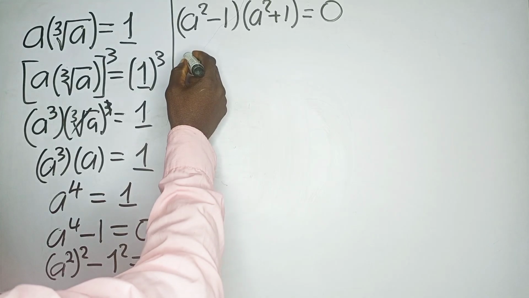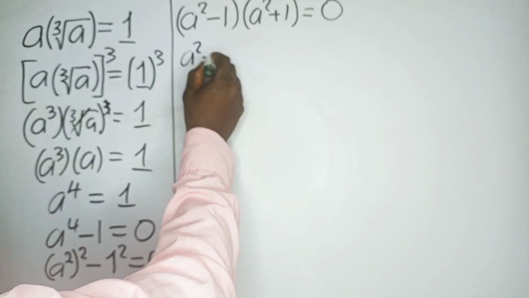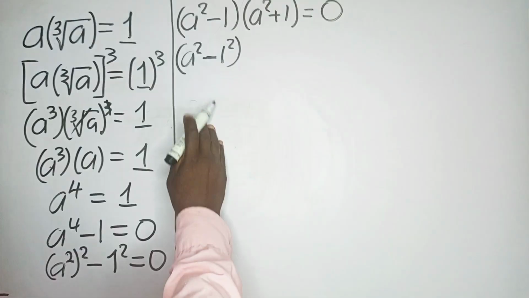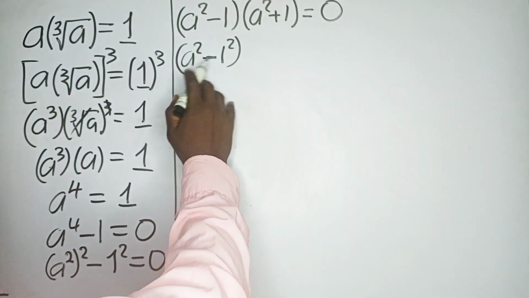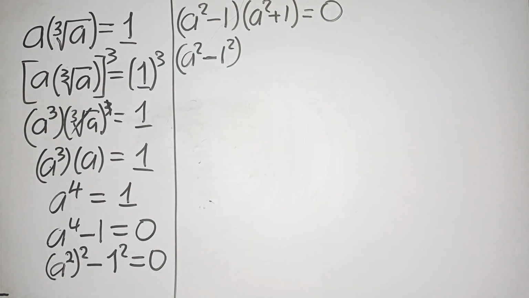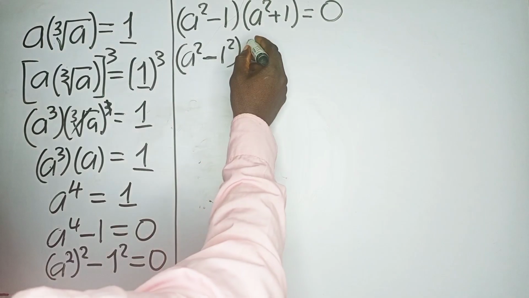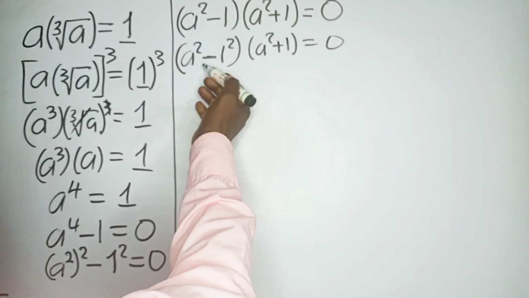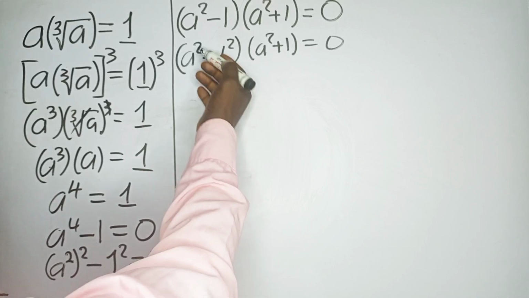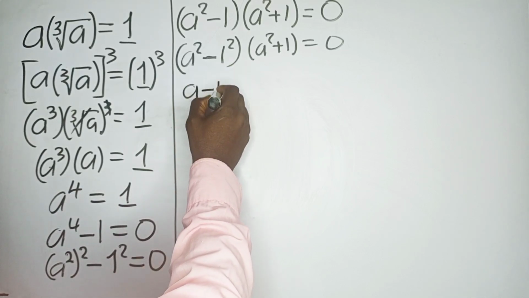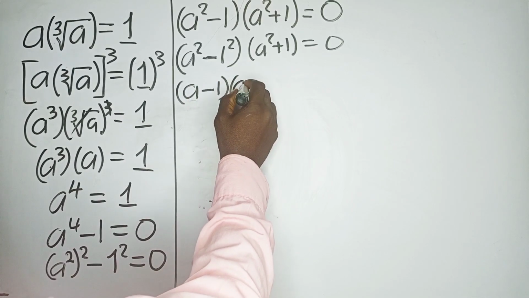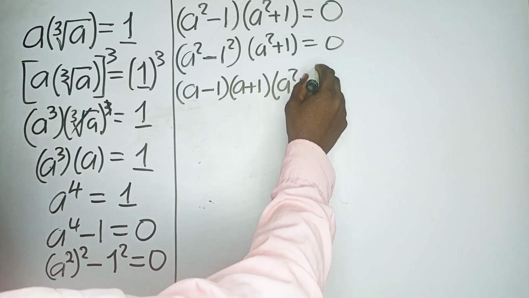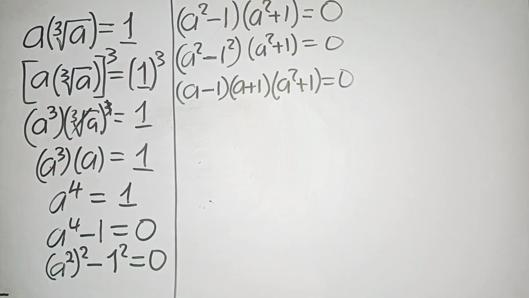This one can be written as a squared minus 1 squared. 1 squared is just 1, so we have not changed it, but we have written it in a way to see clearly that it is a difference of squares, times a squared plus 1 equals 0. Again, here we apply the difference of squares identity to obtain a minus 1 times a plus 1. Then now this one, a squared plus 1 equals 0.